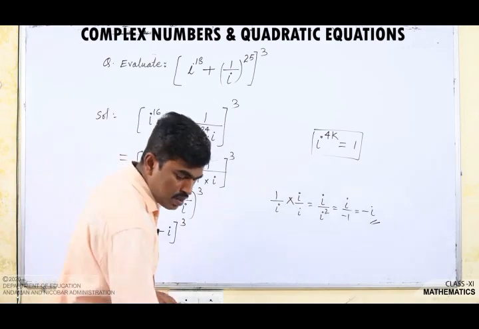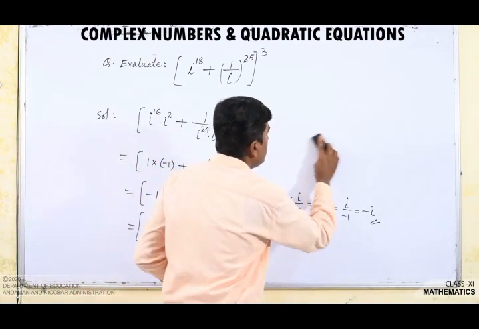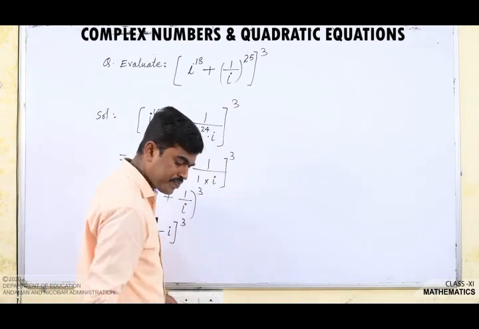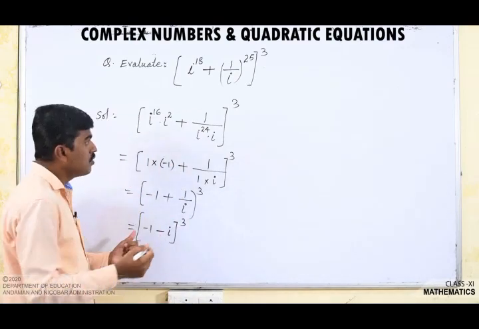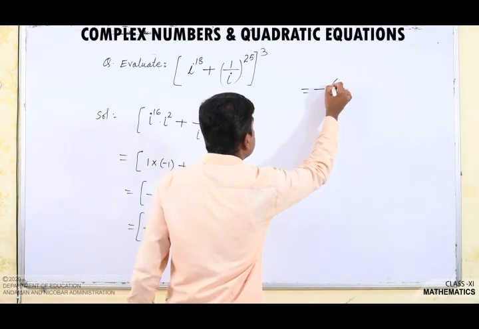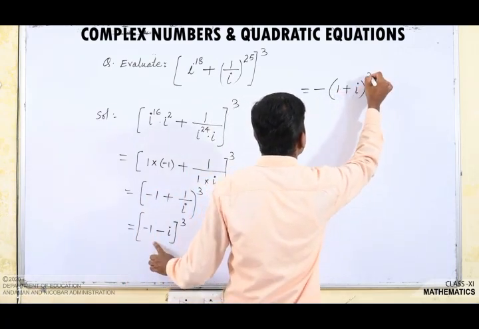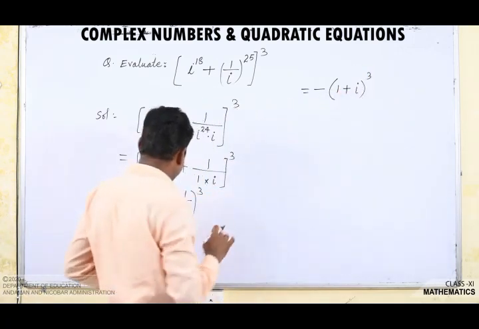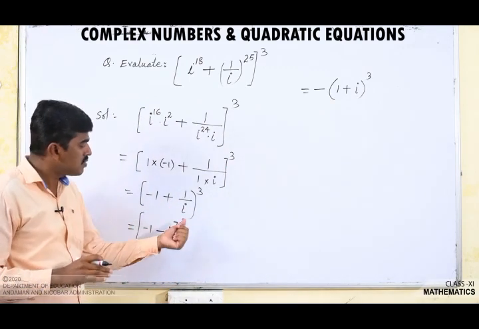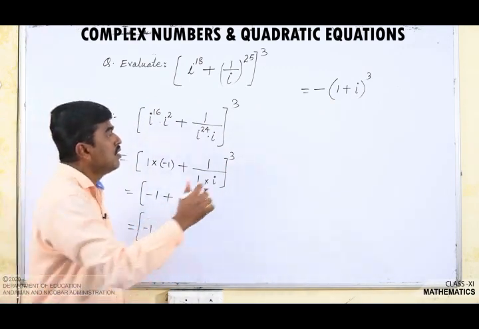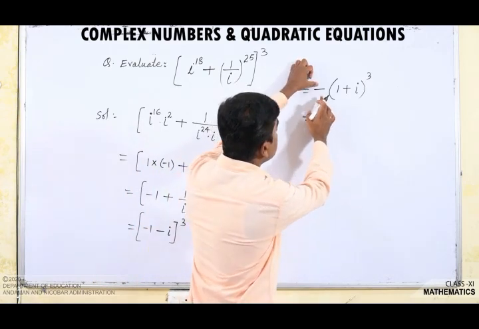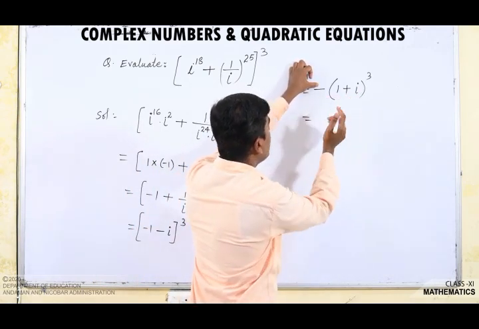So from this we can take this minus common, and because it is whole cube, we will get minus outside. Now we can write this as 1 plus i whole cube. So now it is minus of 1 plus i whole cube.